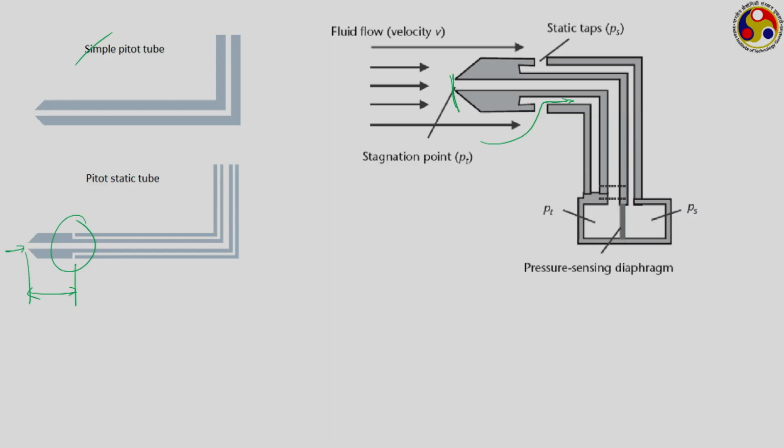However, one important thing which definitely affects the accuracy is the position of these holes, and for that the position of the nose and the stem is very important. This is what we call the nose, and this portion is the stem. If the holes are located too close to the nose, because at the nose position the velocity becomes 0.